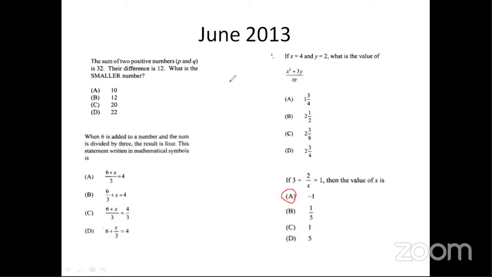The two numbers are 22 and 10. C. Miss, the two numbers are 22 and 10. I can't explain how I got it. I know it says C.